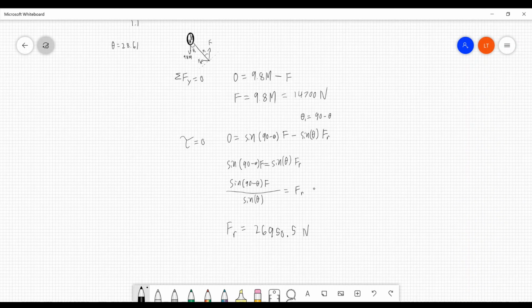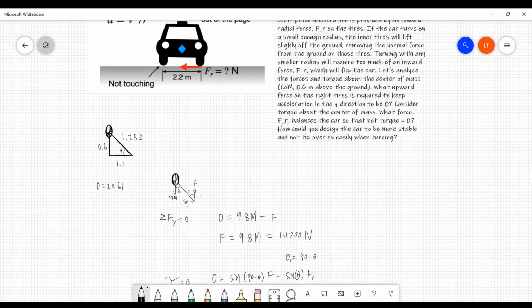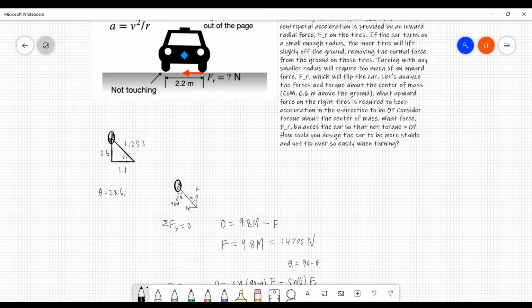So if we plug everything into a calculator, we know F from previous calculations. The centripetal force should turn into 26,950.5 newtons.